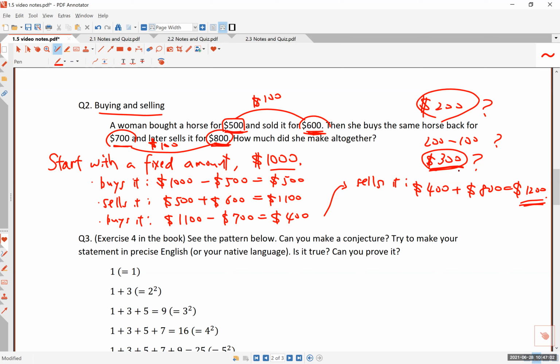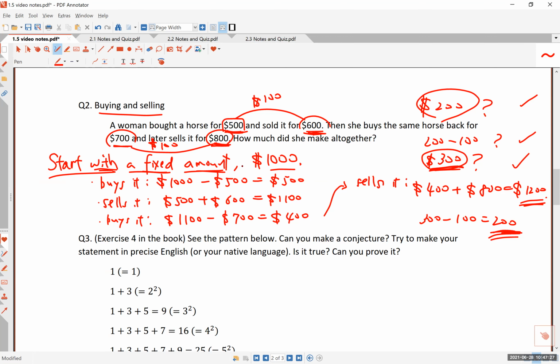Started with 500 and ended with 800. But $100 was lost as a loss in the middle. So 300 minus 100 is also 200, and that is a way to think about this. But if you are confused if your answer should be 100 or 200 or 300, this is a way to think about this problem in the correct way.